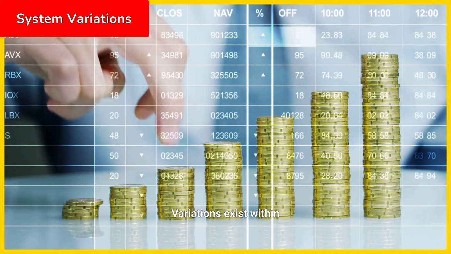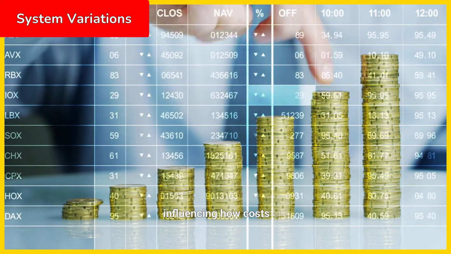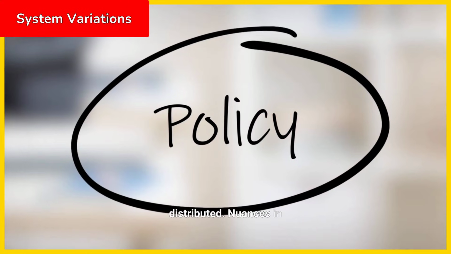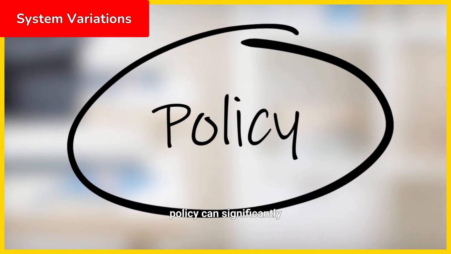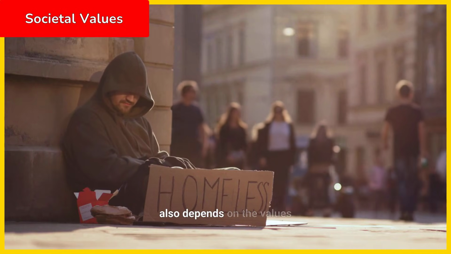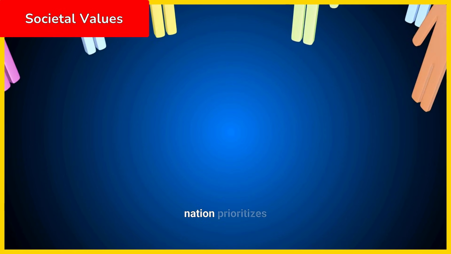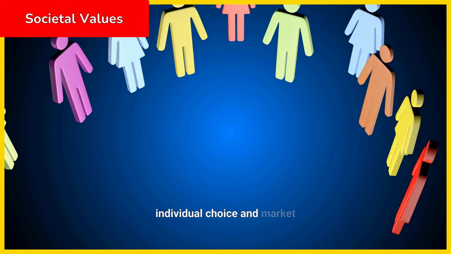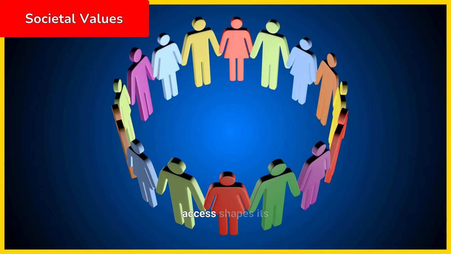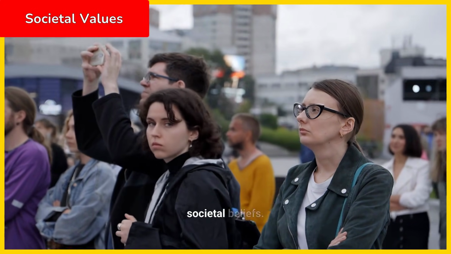Variations exist within both universal and private models, influencing how costs are collected, managed, and distributed. Nuances in policy can significantly alter outcomes. Finally, the answer also depends on the values and priorities of the society in question. Whether a nation prioritizes individual choice and market efficiency, or collective responsibility and universal access, shapes its healthcare system. This choice reflects fundamental societal beliefs.